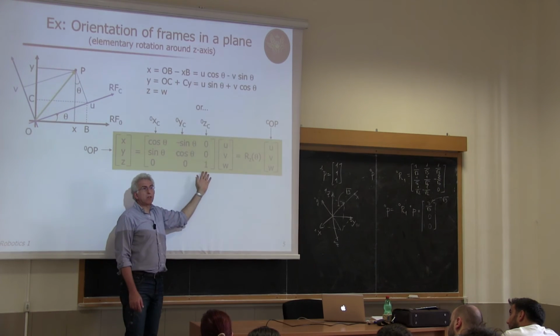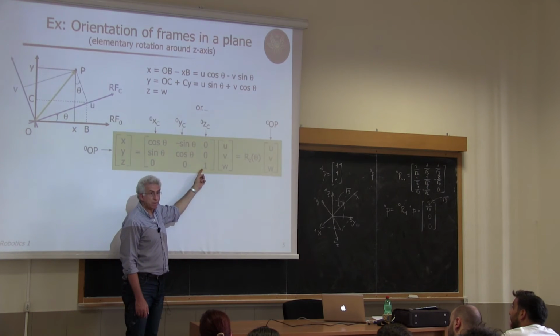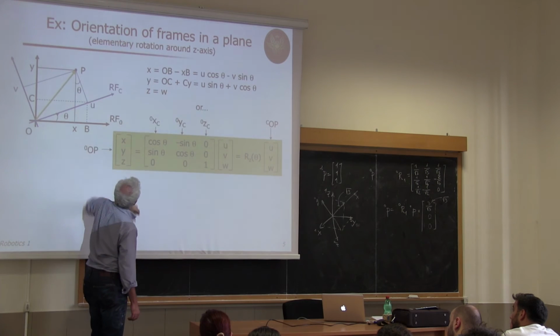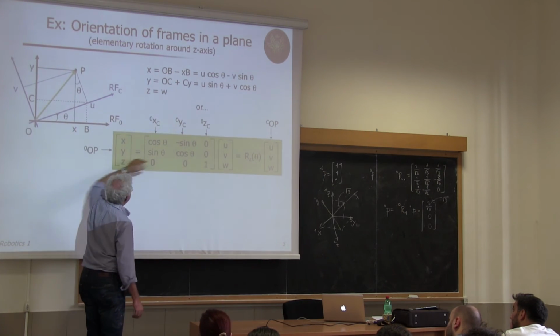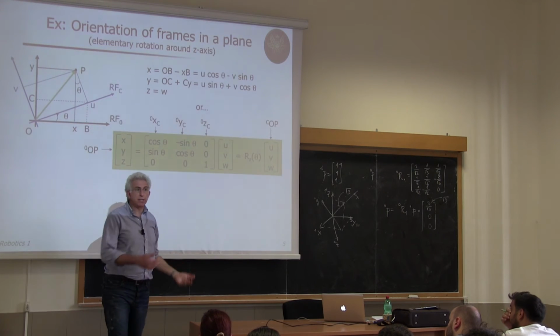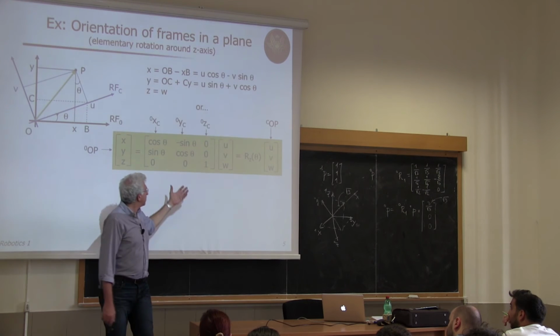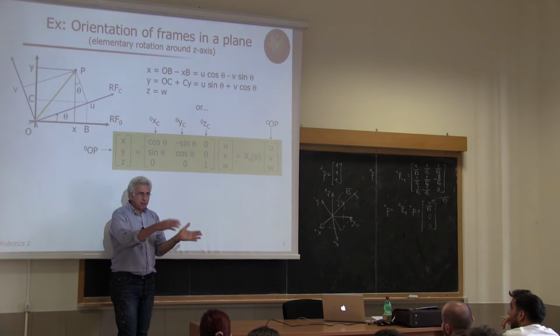Well, it coincides with the z-axis of the 0 frame, 0, 0, 1. And again, these are directional cosines of the x-axis of the C frame, the rotated one, and the y-axis of the C frame, the rotated one, when expressed with respect to the original. Okay?